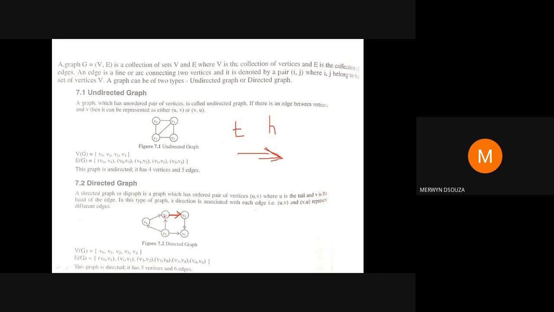You can write this edge only in one particular way. The arrow goes from V0 to V1, and the direction is given. Therefore, you cannot write it in both ways, like you were doing for an undirected graph. Here you can write it only as V0 comma V1. If you write V1 comma V0, it is wrong, because this is the direction given in the graph.